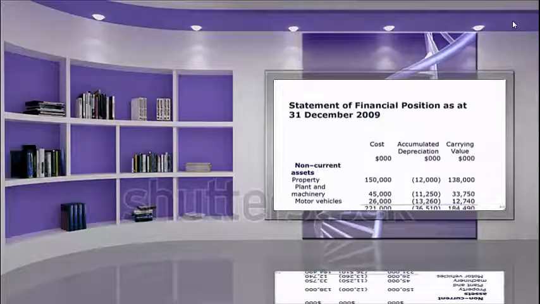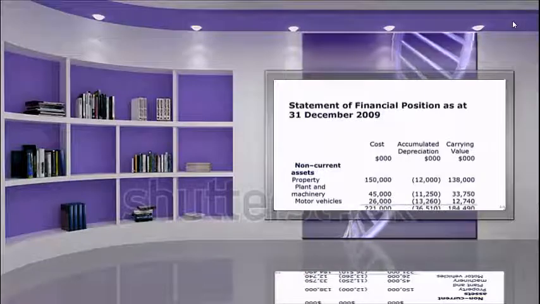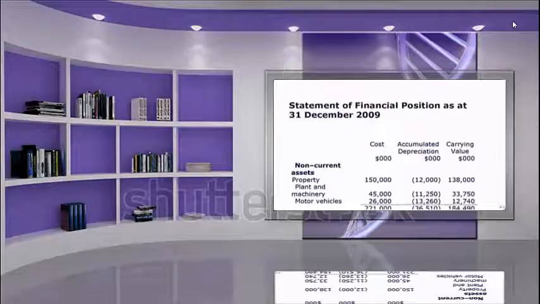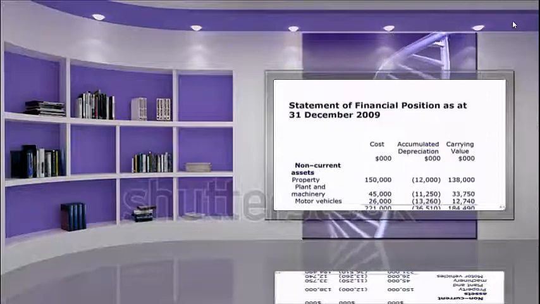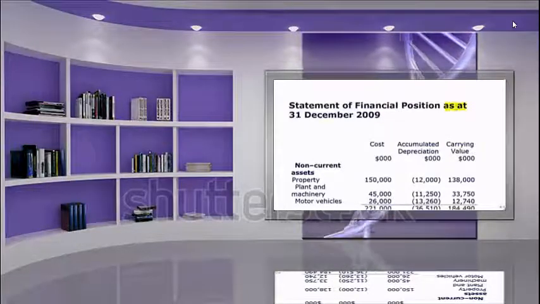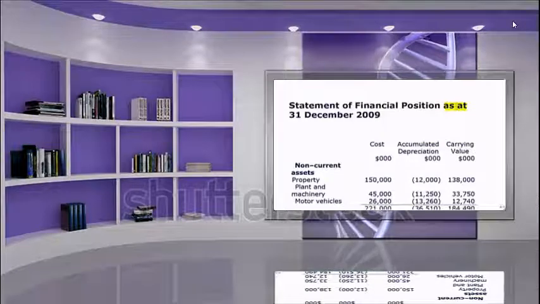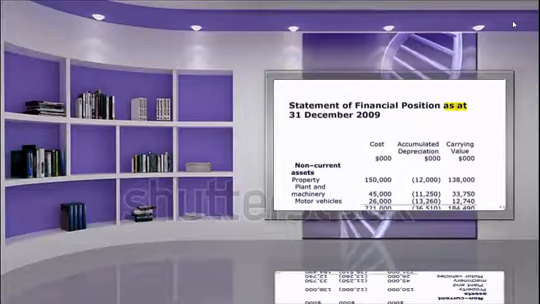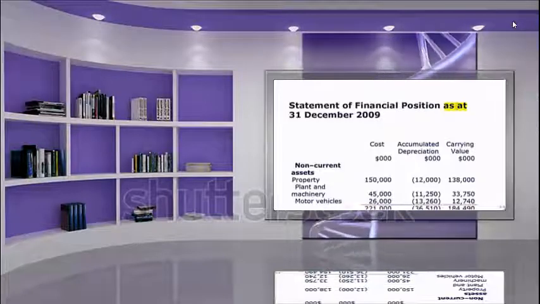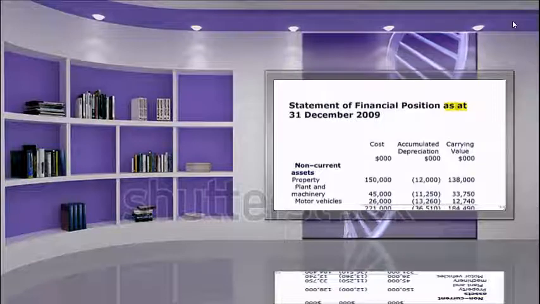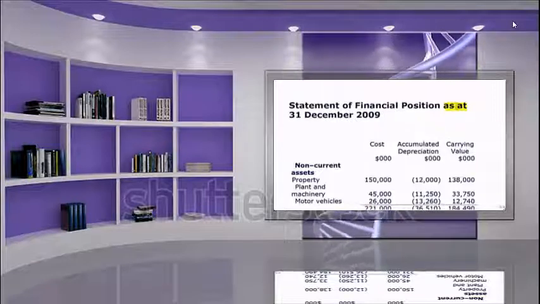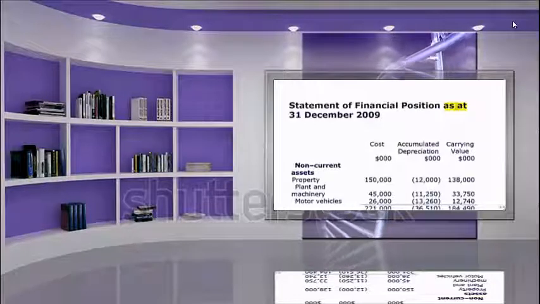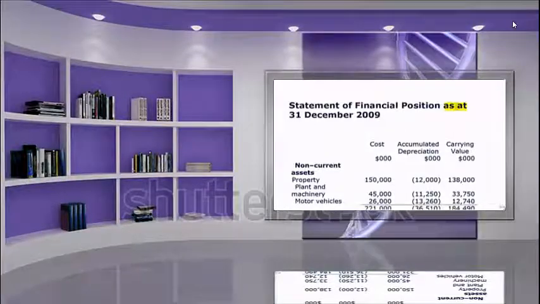Now, because I said it was a snapshot, refer to the title. Statement of financial position as at. That's very important. As at. Snapshot at a moment in time of the company's or business's assets, liabilities and capital at that date. And in this example, we can see that the date is the 31st of December 2009.